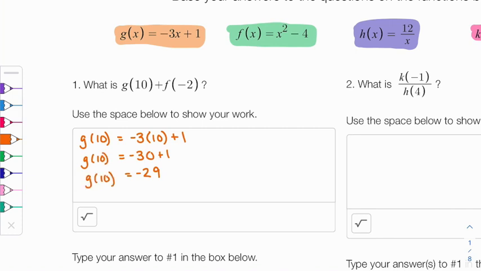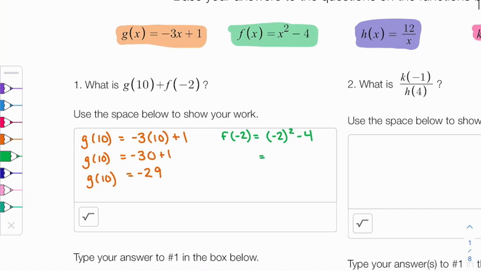And then I'm going to find f of negative 2, which is my green function. I'm going to put negative 2 into my function using parentheses every time I substitute. Negative 2 squared in parentheses is positive 4. 4 minus 4 is 0.